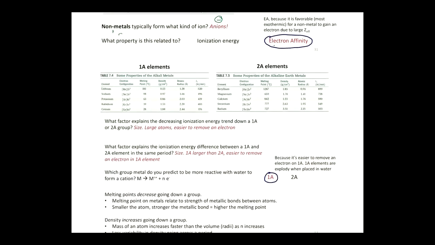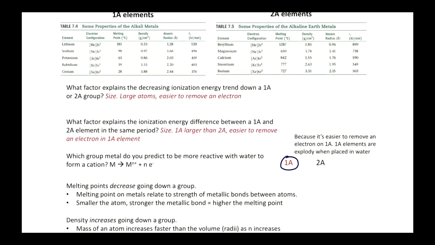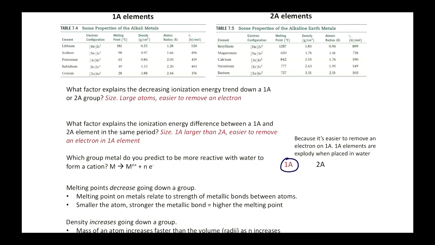Okay, so let's take a deeper look into metals. So here are your 1A elements, your 2A elements. Let's focus on these ionization energies here. We see going down the group in 1A, and in both of them, the ionization energy decreases. It gets easier to remove an electron.